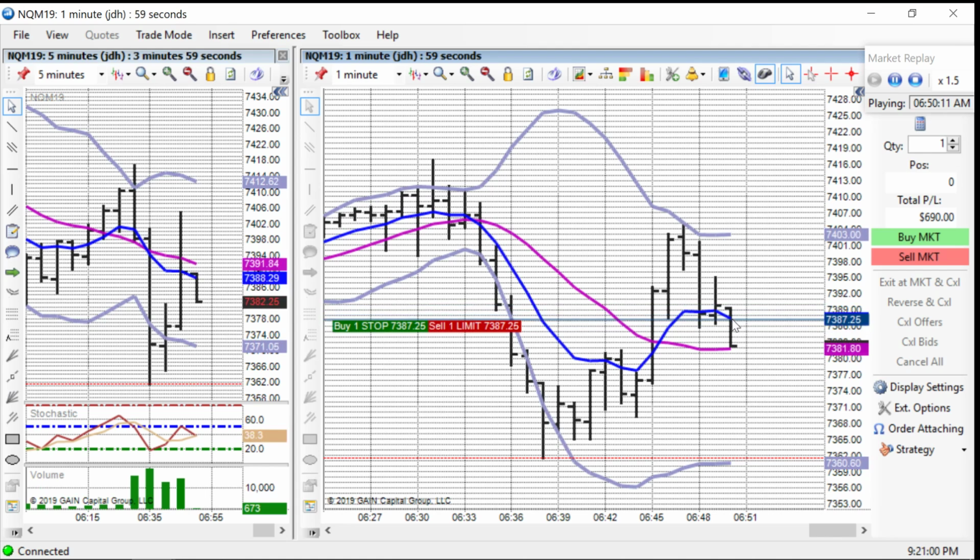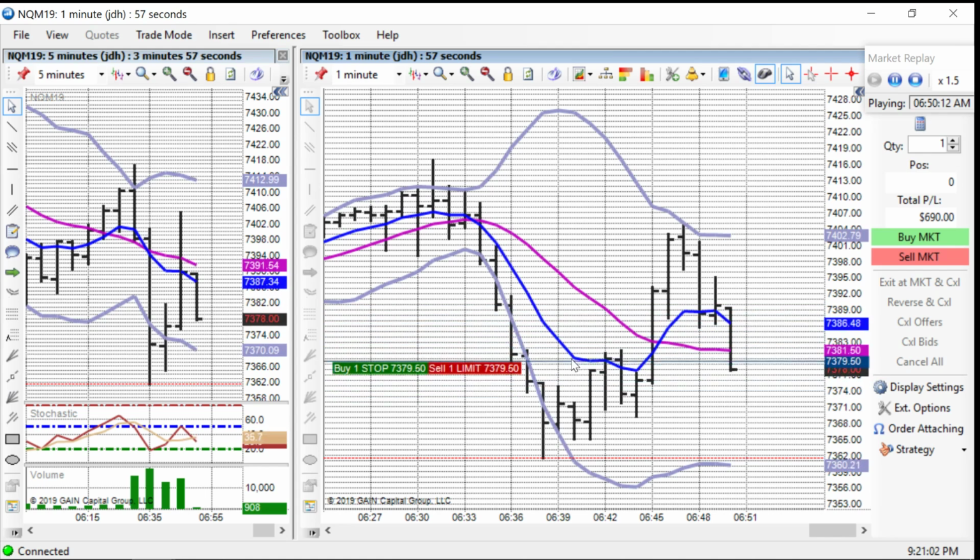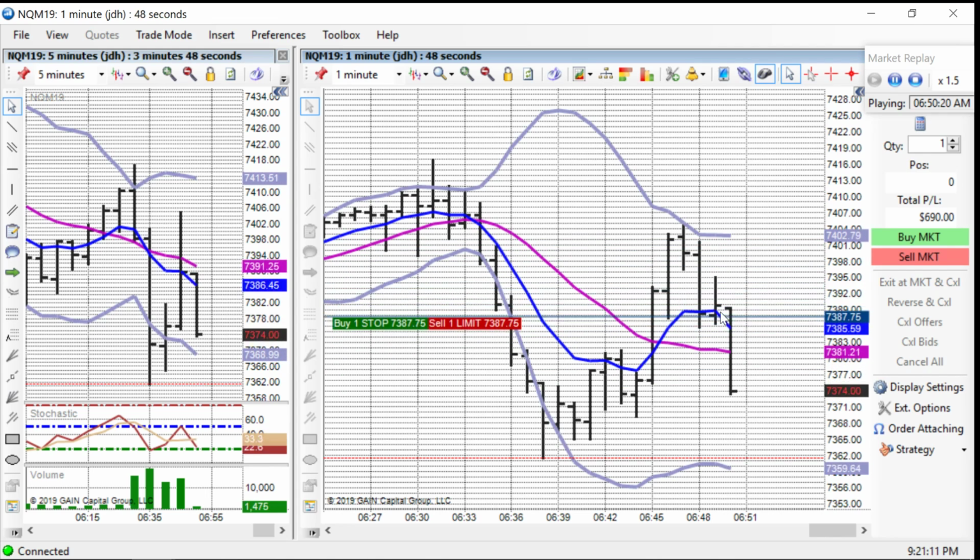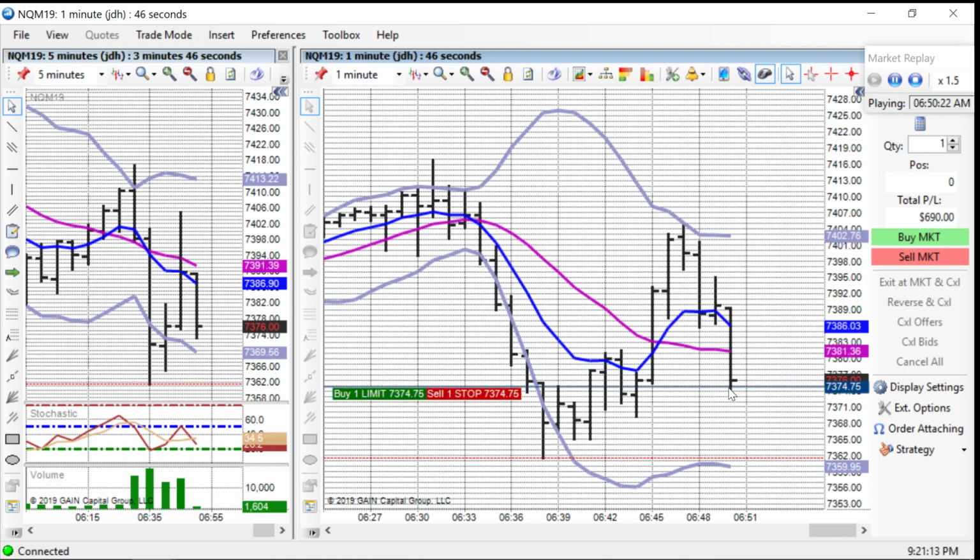As we can see right now, it's starting to bend downward as we would predict of the sine wave cycle. You don't want to be trading on that downward move here.